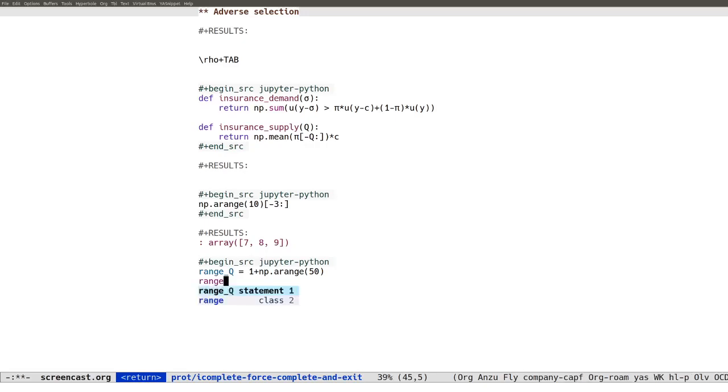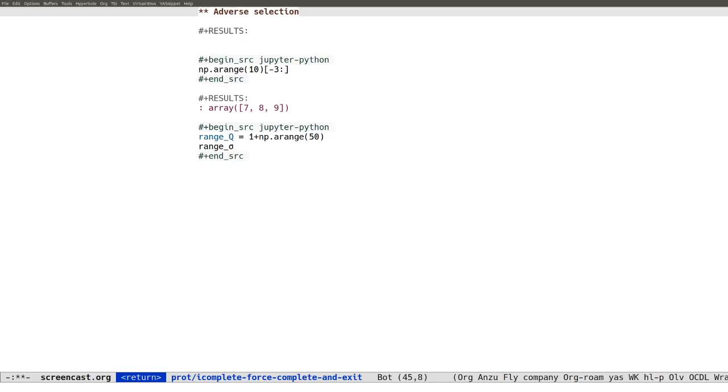I have a range for sigma, which is going to be equal to numpy arange going from 0 to 1.1 with steps of 0.01.